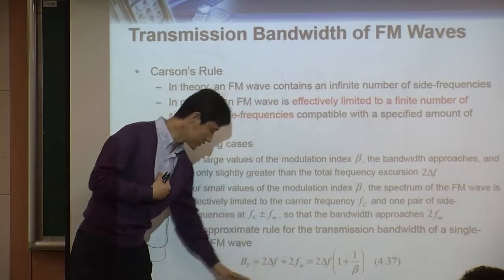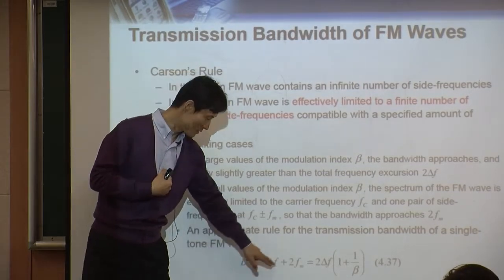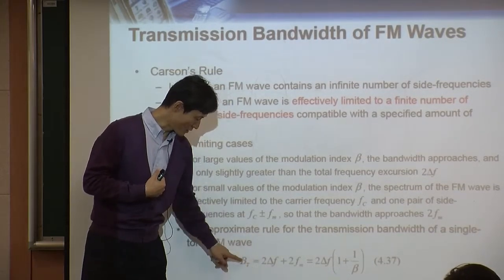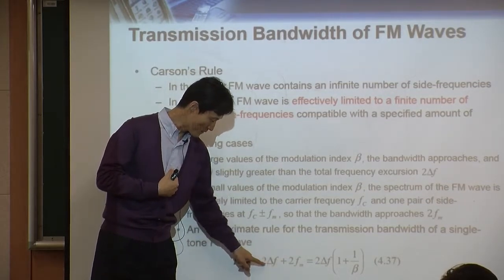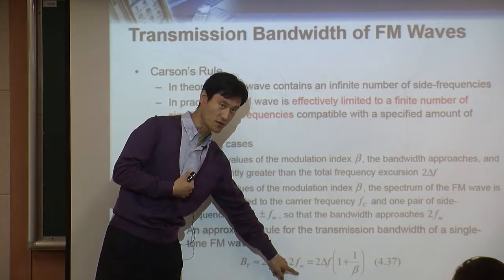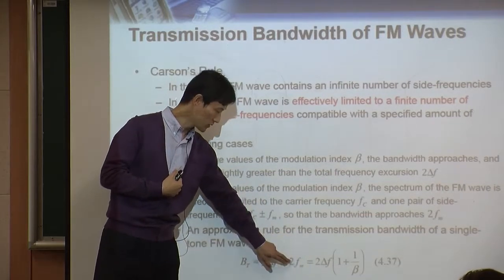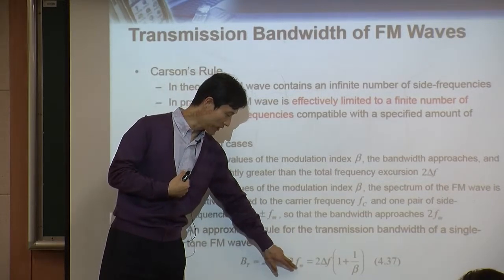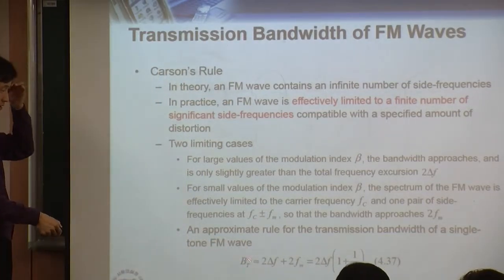Now let's divide the whole thing by delta F. Then BT divided by delta F is going to be 2 plus 2 times FM divided by delta F. So it's like 2 plus something.